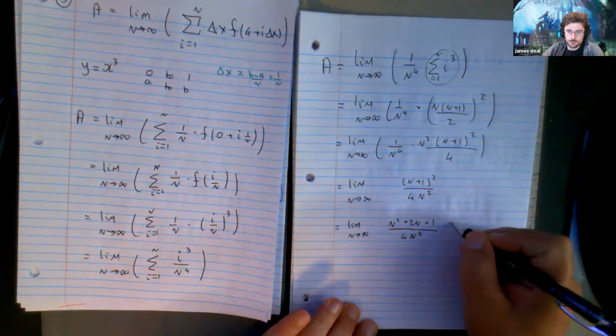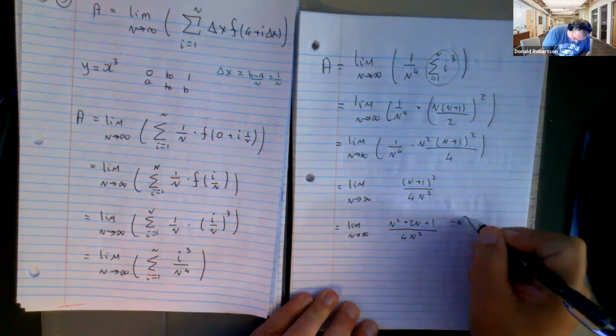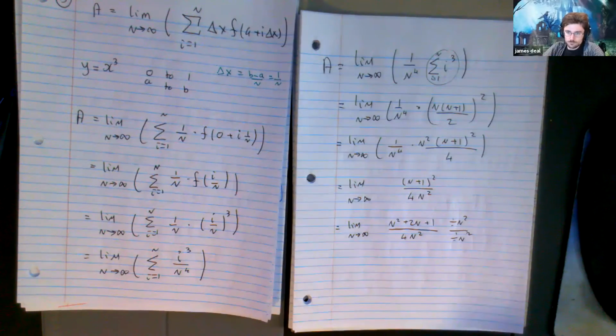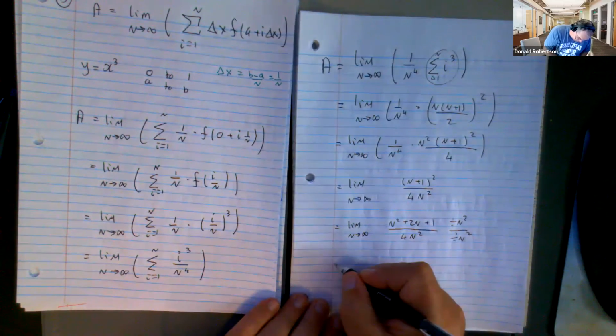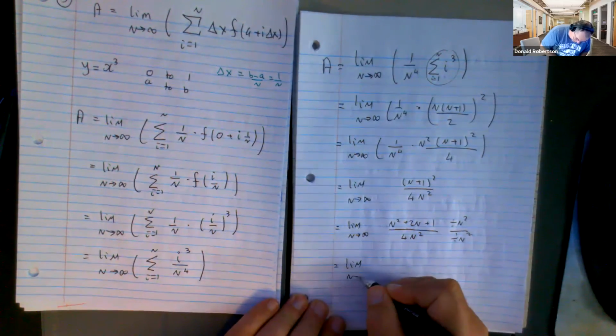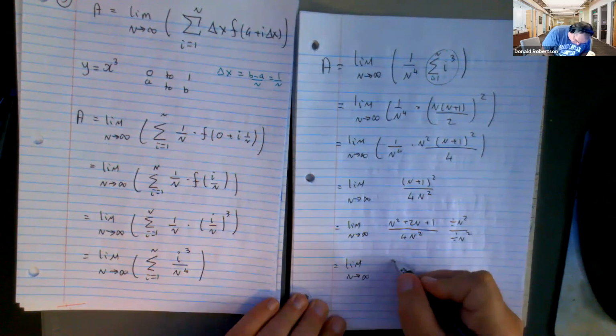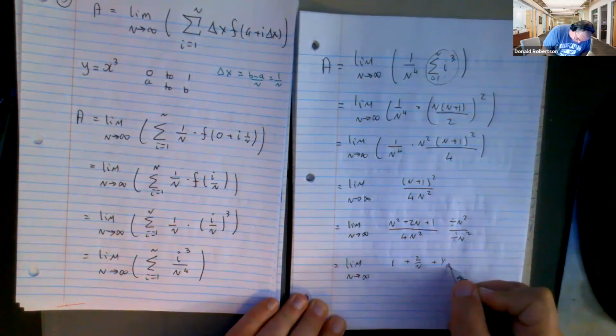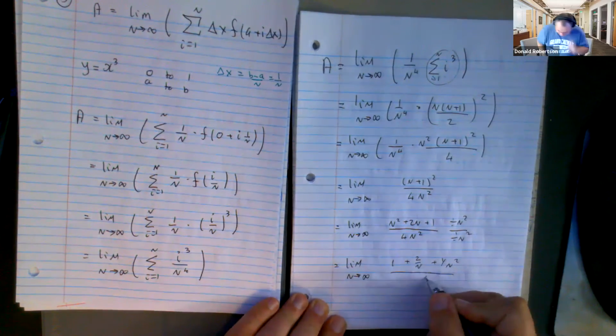You can divide. The technique I would use is divide top and bottom by n squared, but L'Hopital would work if you wanted to use that. And so that's going to be the limit as n tends to infinity of 1 plus 2 over n plus 1 over n squared, all over 4.